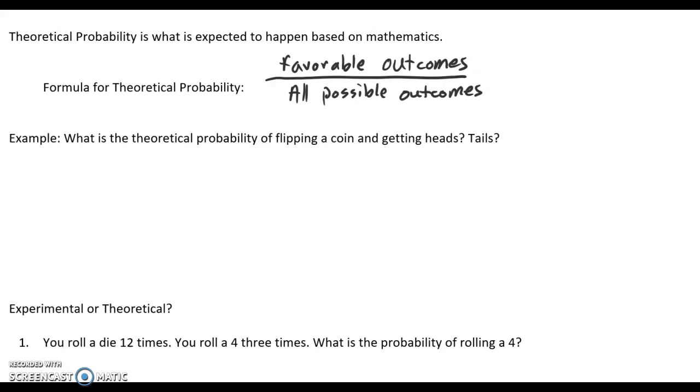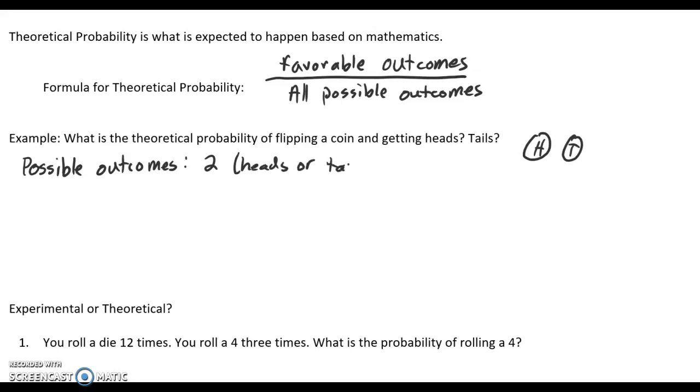So when we're flipping a coin, we have two sides. We have a head side and a tail side. So for possible outcomes, we have two: heads or tails. Now, if we're finding the probability of getting a heads, we have one favorable outcome, unless you have one of those coins that have heads on both sides.